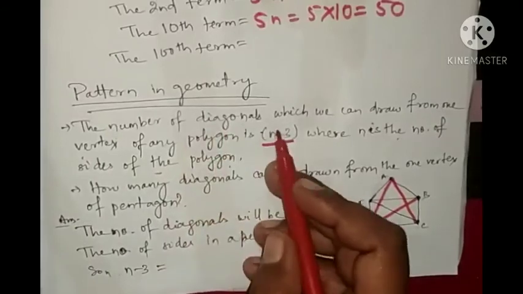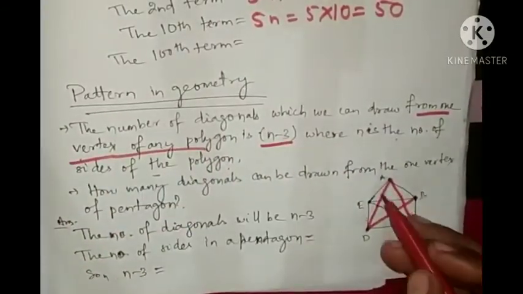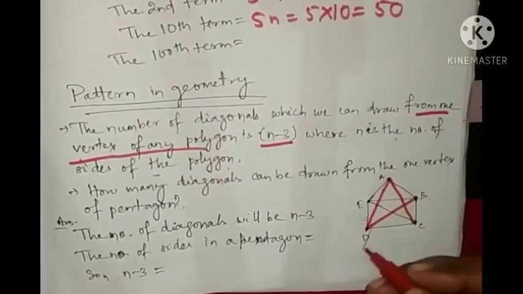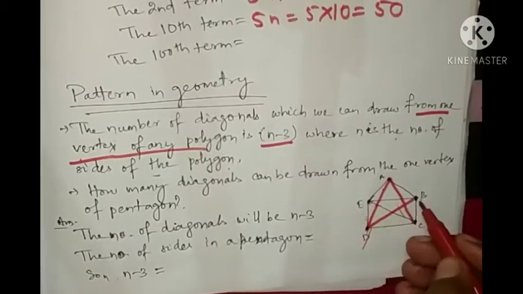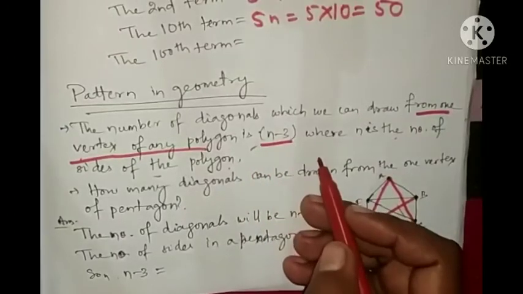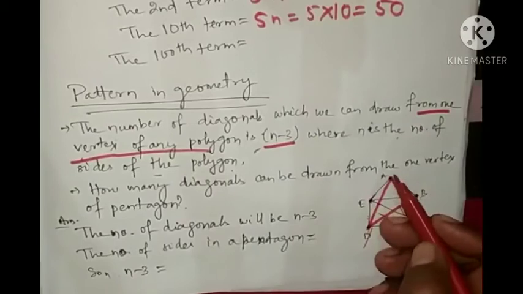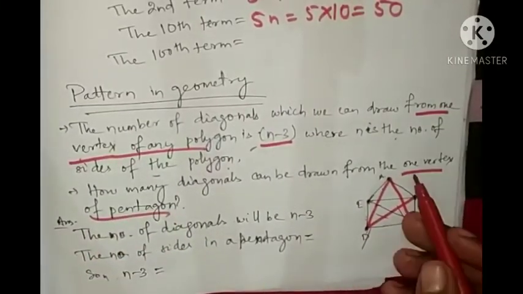But what it is saying is the number of diagonals which we can draw from one vertex of any polygon. From A, how many can we draw? Look here, from A 1, 2. From E 1, 2. So how many diagonals can be drawn from one vertex of a pentagon?